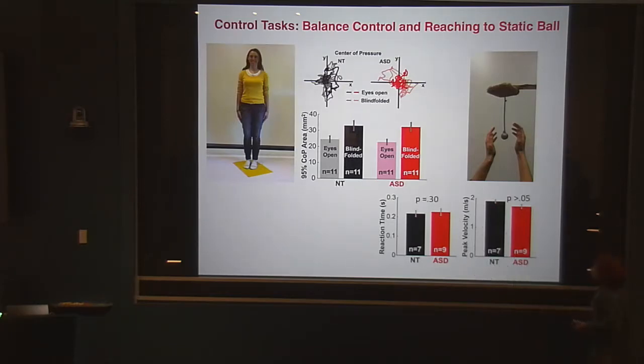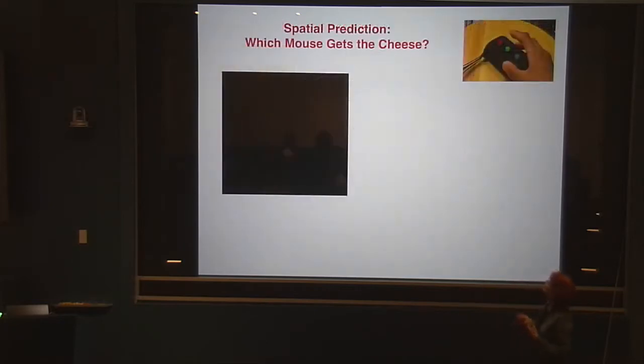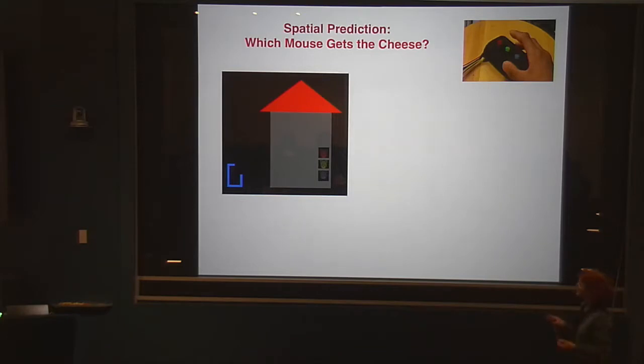This helps us isolate that the problems that are very visible in the real catching task are not due to some of the elementary components, but rather to the predictive element. So moving on, here is our first task.